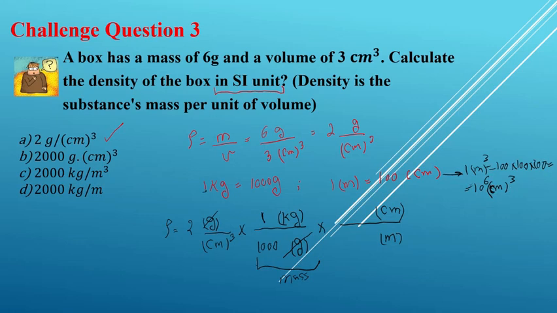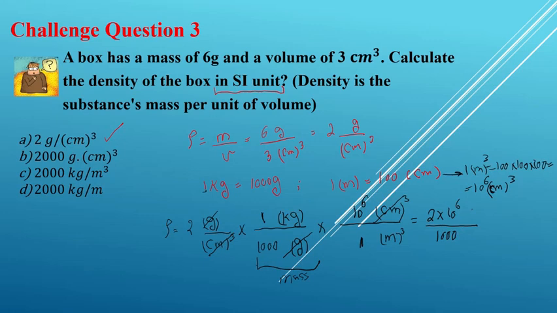So based on this, now I have 1 cubic meter equal to 10 to the 6 cubic centimeters, right? So now this centimeter cancels out with this one. What I have is 2 times 10 to the 6 divided by 1000. Now let's look at the units.